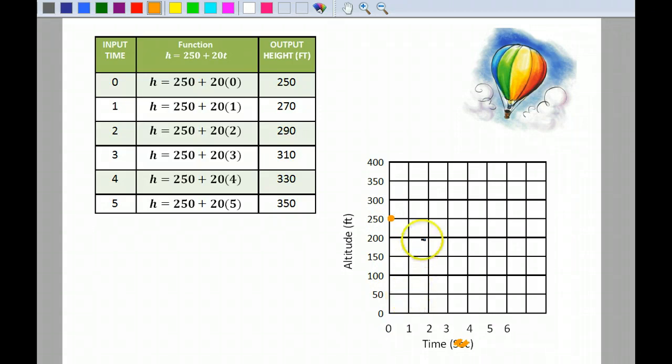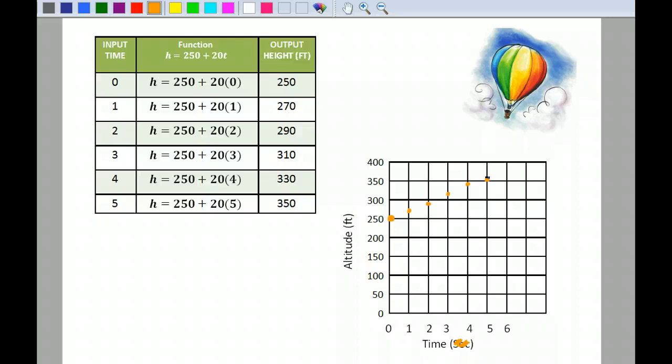Then 1 minute after the burner was on, it was up to 270. At 2 minutes, 290. At 3, it's at 310. At 4, we were at 330. And at 5, we were at 350.